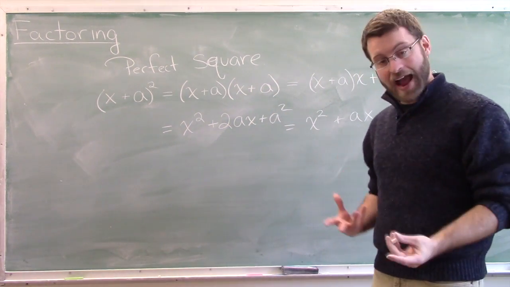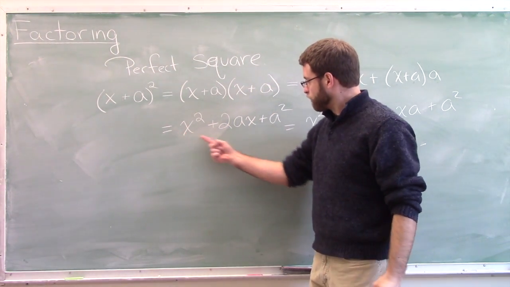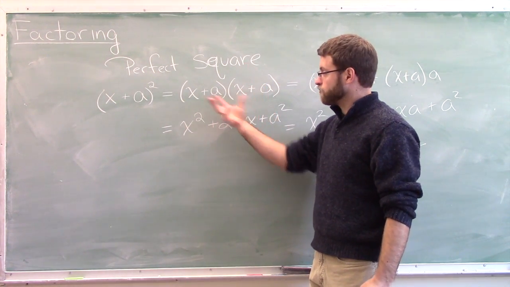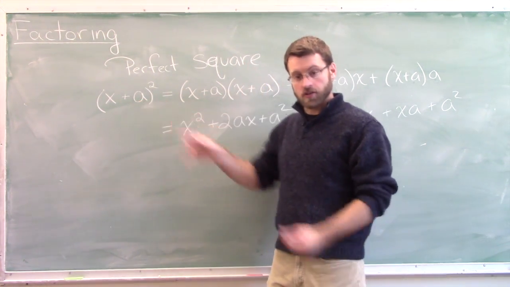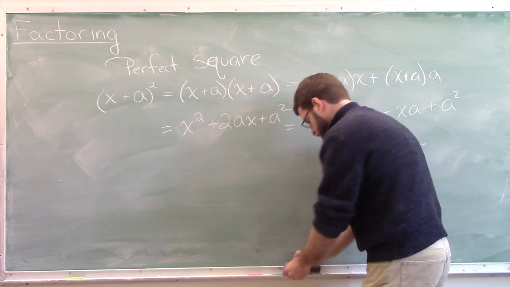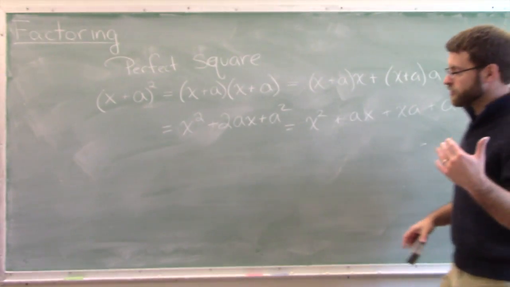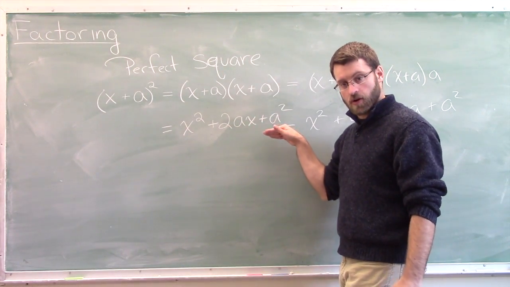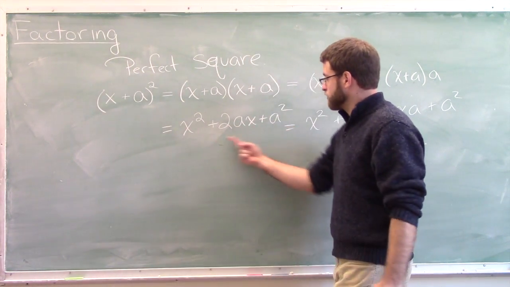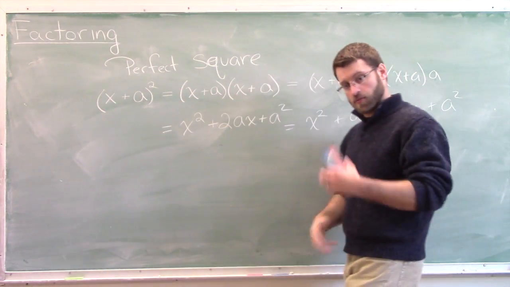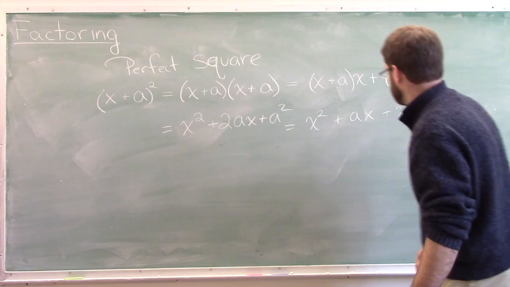So if we're factoring, we would look for a pattern that has this shape and use the perfect square representation to factor it, to split it into x plus a times x plus a. Okay? So remember that when you're multiplying out, you go from a factored form to a standard form, but when you're factoring, you typically move from a standard form and bring that to its factored form, so you break it down into its factors. All right?